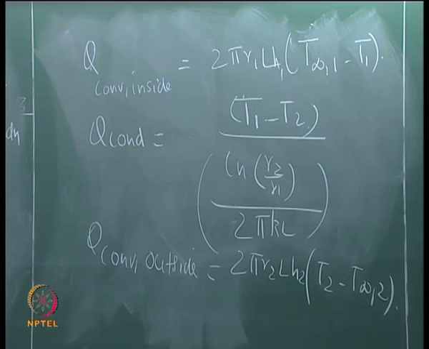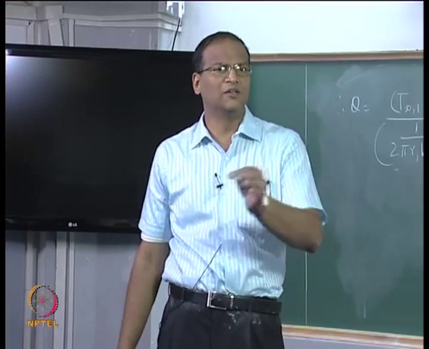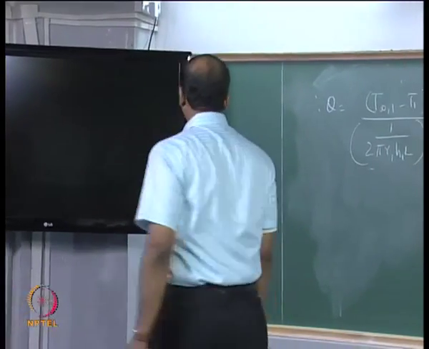Therefore, using the dividendo componendo rule we can add the numerators and denominators separately, still the resulting expression will be equal to the Q which is occurring across the tube.